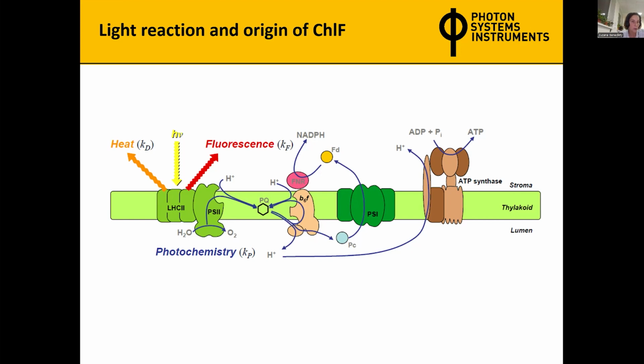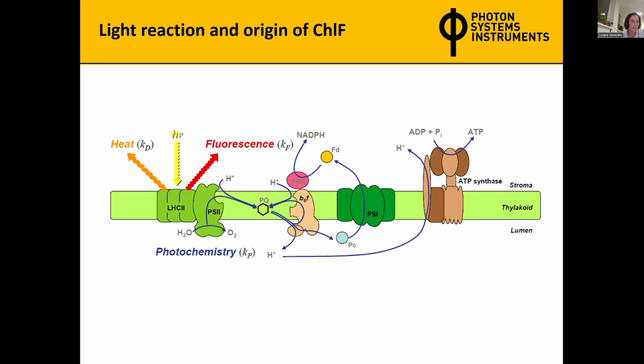And once the photon reaches the reaction center, let's say the reaction center in PS2, P680, the electron is liberated and transferred to a sequence of other pigment protein complexes: QA, QB, the plastoquinone pool, complex B6F, plastocyanin, to PS1, and so on.